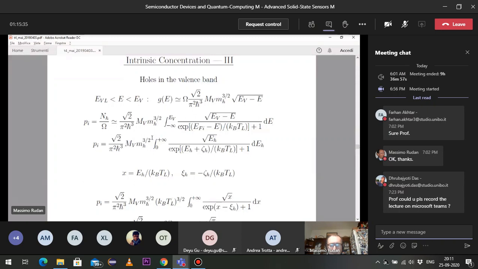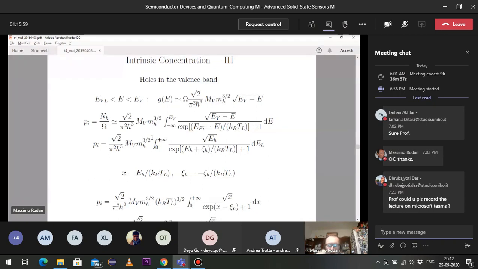So the steps that we have to go through for calculating the concentration of holes, that is P sub I, are exactly the same as for the electrons, only the symbols change.